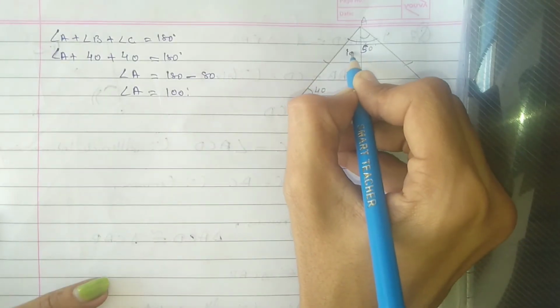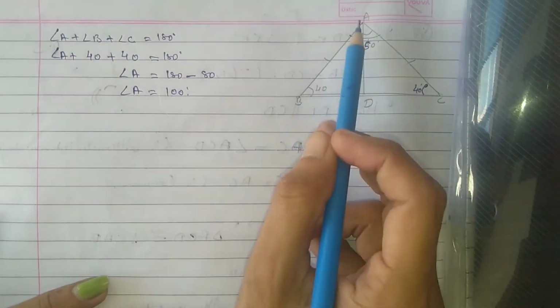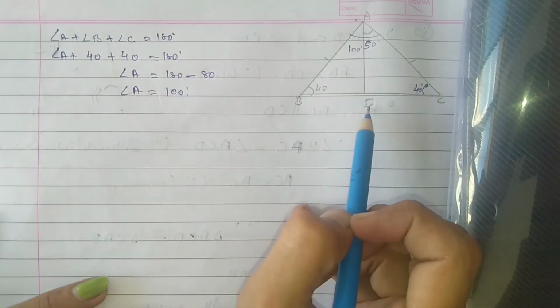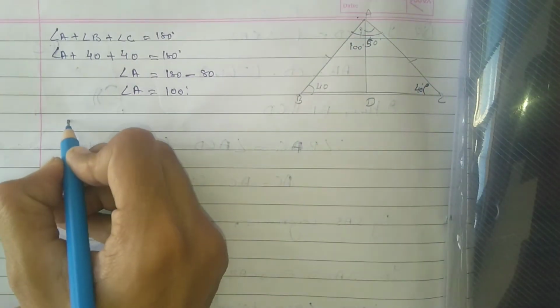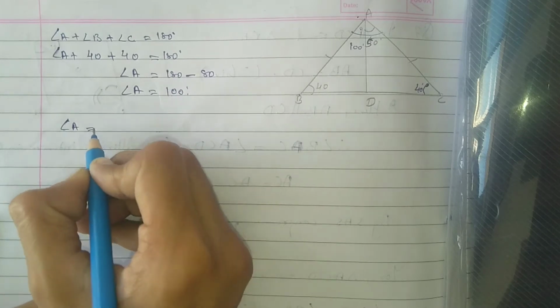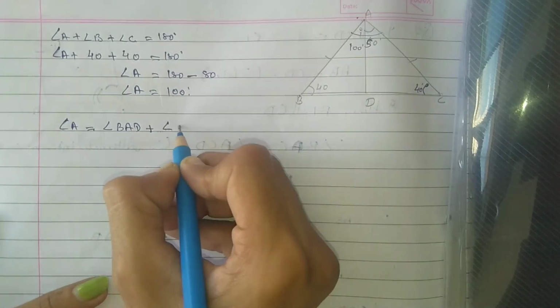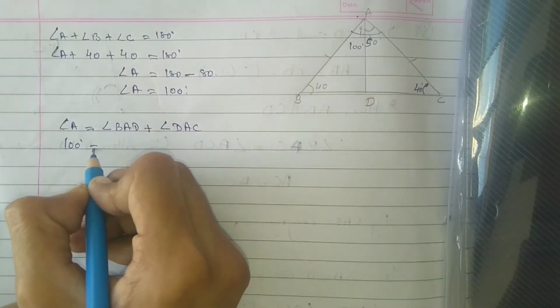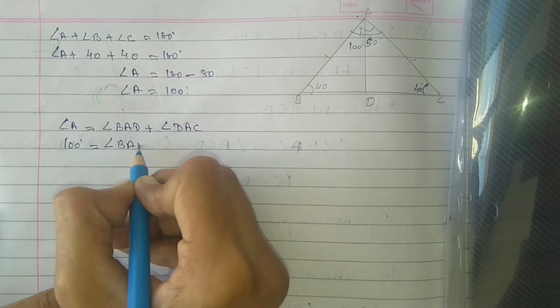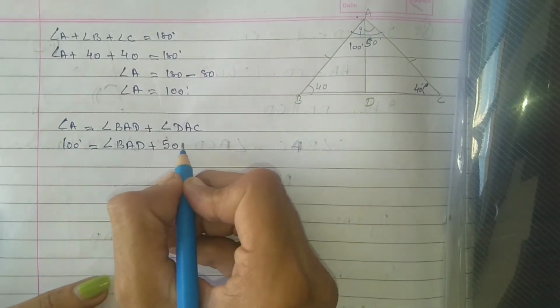Now here the whole angle is 100, so we can find out this angle BAD. Okay, we have given angle DAC, so we can find out this angle. So angle A equal to angle BAD plus angle DAC. So angle A is 100, equal to angle BAD plus angle DAC, which is 50.